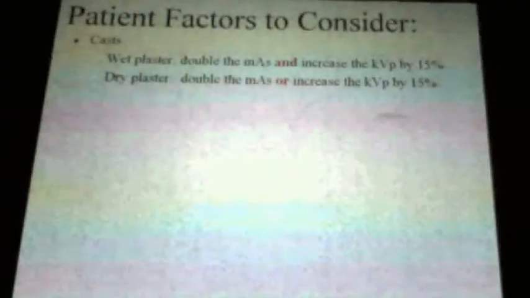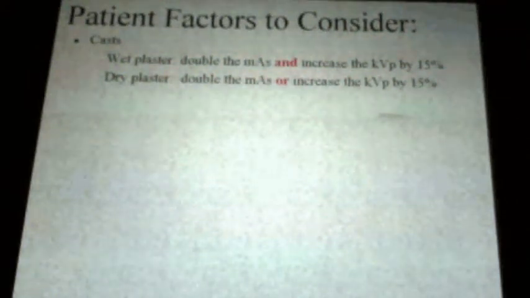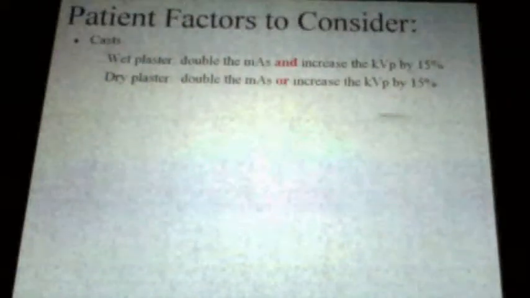Okay, so we're adding a plaster cast onto this thing. So if it's a dry plaster cast, and you had to pick one or the other, would you select mass or KVP? Is it chest? It's on their elbow. KVP. Yeah, because you would treat it like an additive disease, wouldn't you?